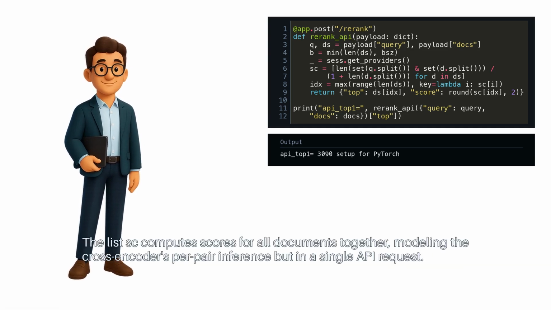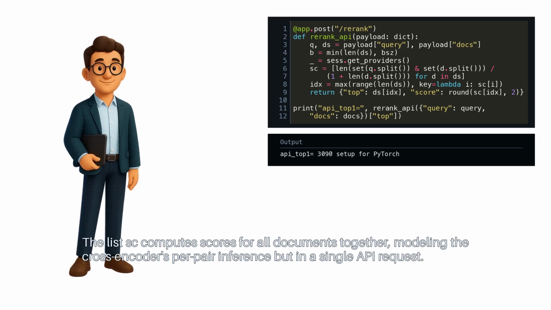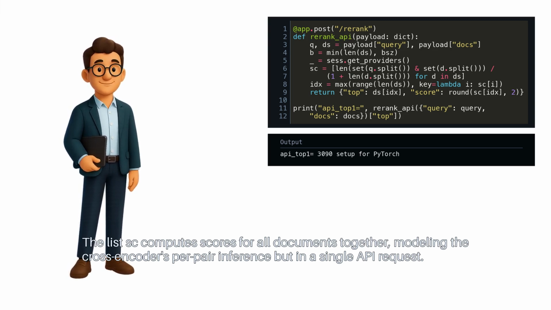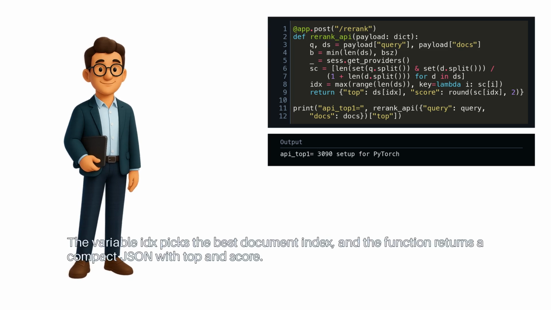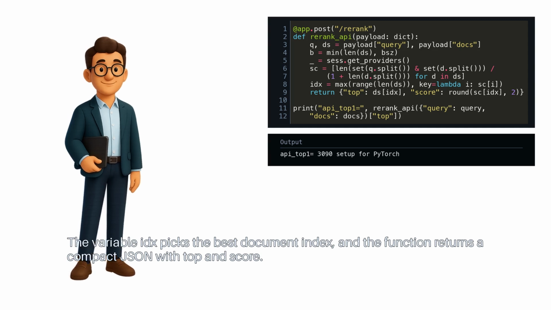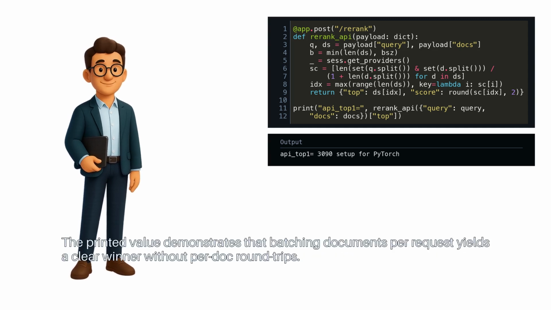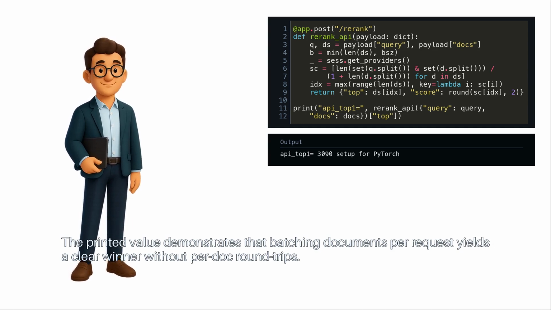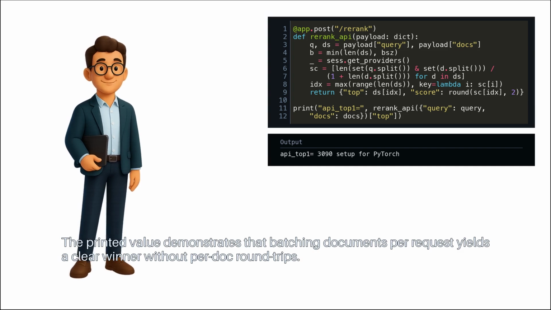The list sc computes scores for all documents together, modeling the cross-encoder's per-pair inference, but in a single API request. The variable idx picks the best document index, and the function returns a compact JSON with top and score. The printed value demonstrates that batching documents per request yields a clear winner without per-doc round trips.